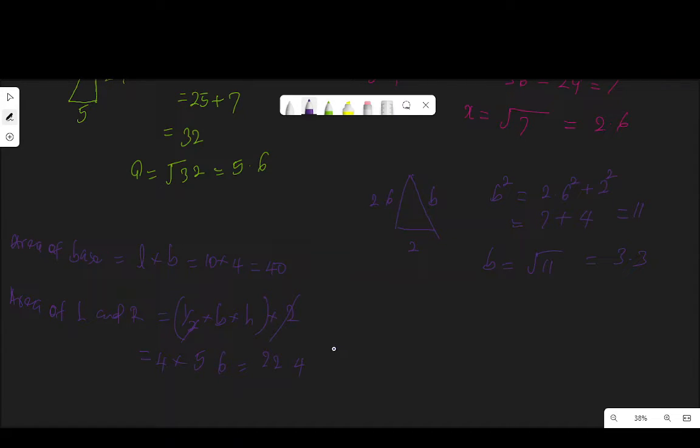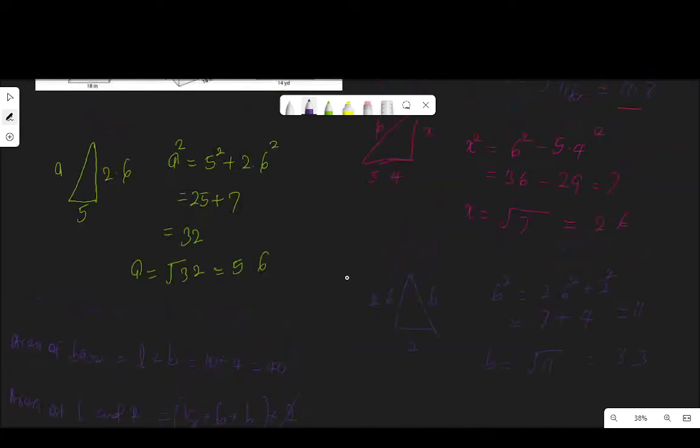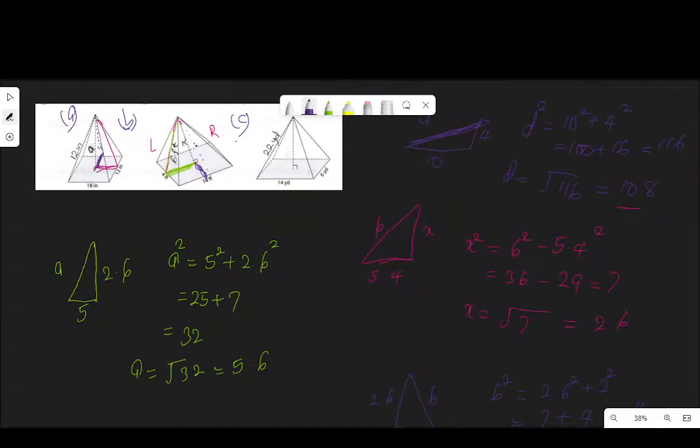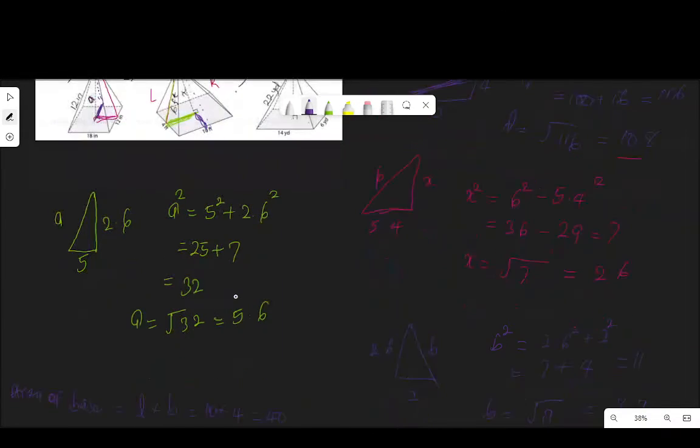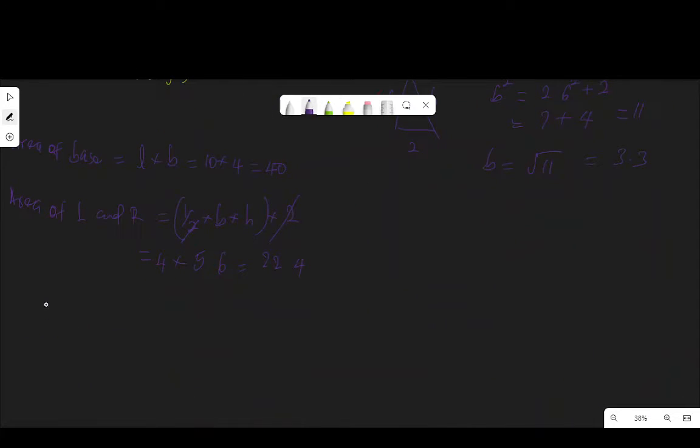And then lastly, the area of the front and back triangle, this triangle and the one behind. Area of front and back triangles is half times base times height multiplied by 2.